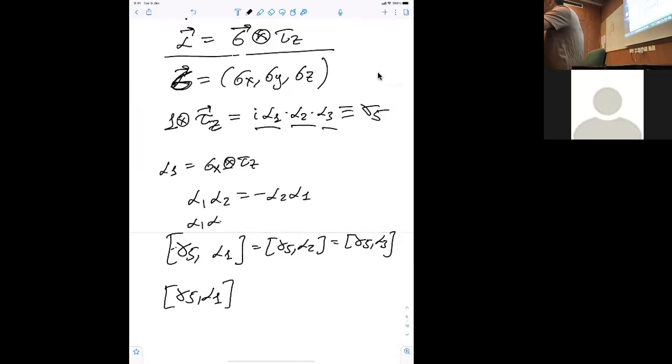Alpha 1, alpha 3 is equal to minus alpha 3, alpha 1. So it anti-commutes with alpha 2, it anti-commutes with alpha 3, therefore it commutes with their product, and it also commutes with alpha 1. Therefore, this commutator is just 0.